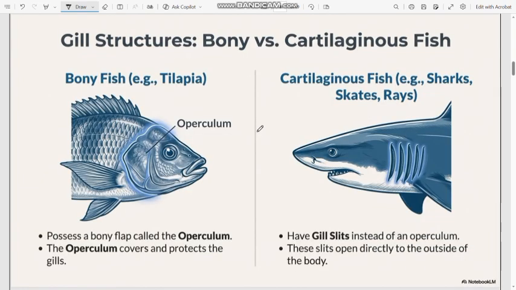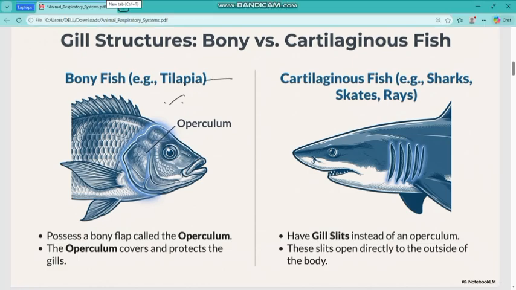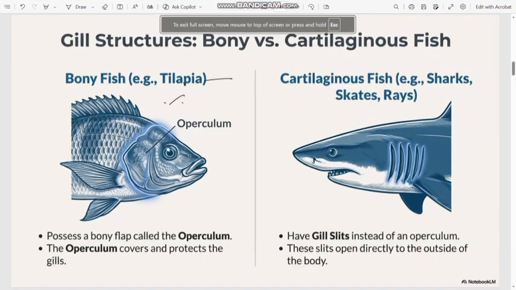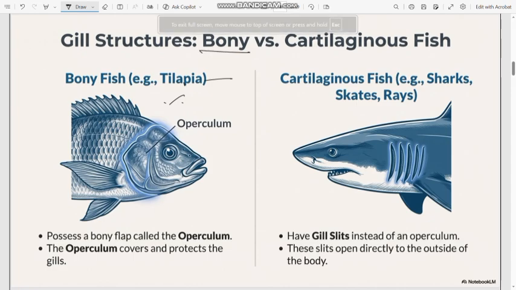Let us move on. So, how are the gill structures different in each organism? Now, if you have a bony fish, for example, your Titus. I'm picking fish that we know a lot.